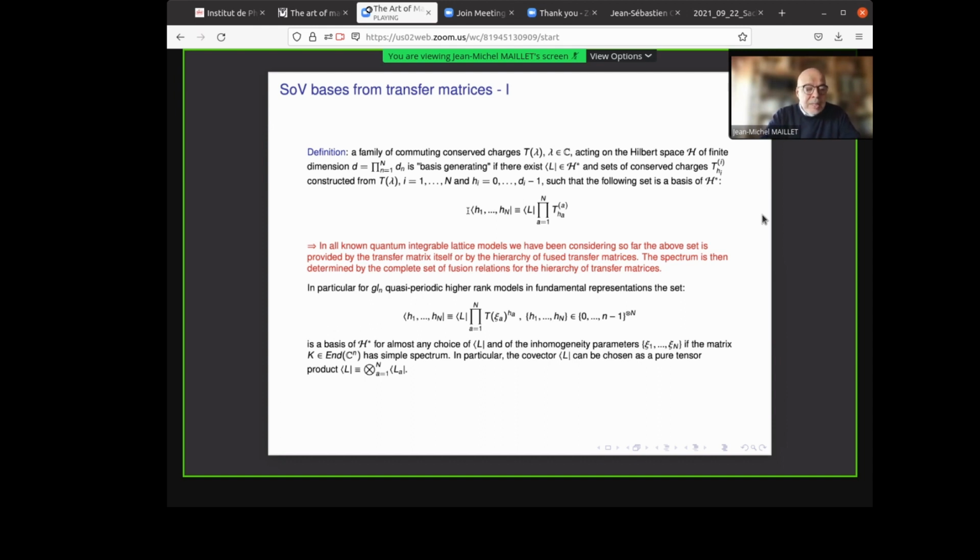And in fact, in all known quantum integrable lattice models that we have been considering so far, we succeeded in constructing such things.